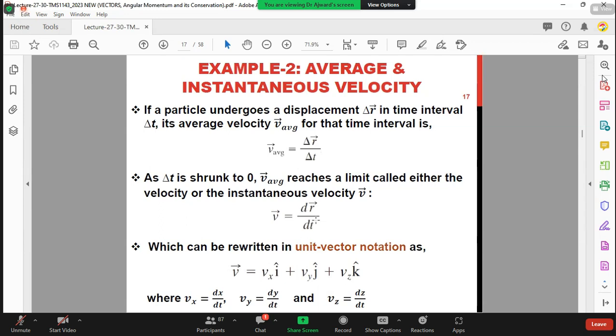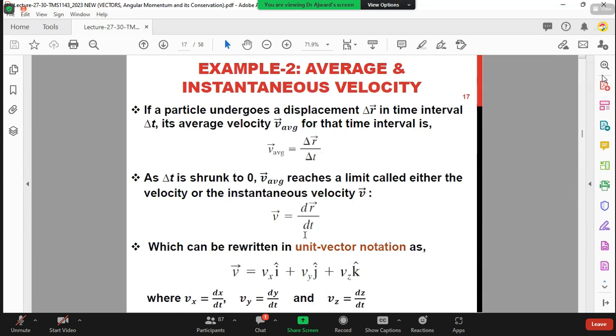So remember, we did these things, but not in the vector form because previously we only covered the one-dimensional case. But if you are in 2 dimensions or 3 dimensions, you have to represent the position as a vector. This is the average velocity. So similar to 1 dimension, the only difference is you have the vector sign here.